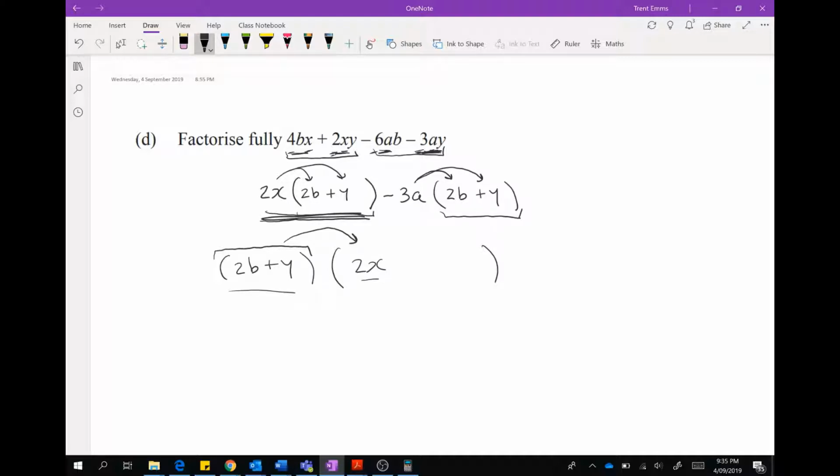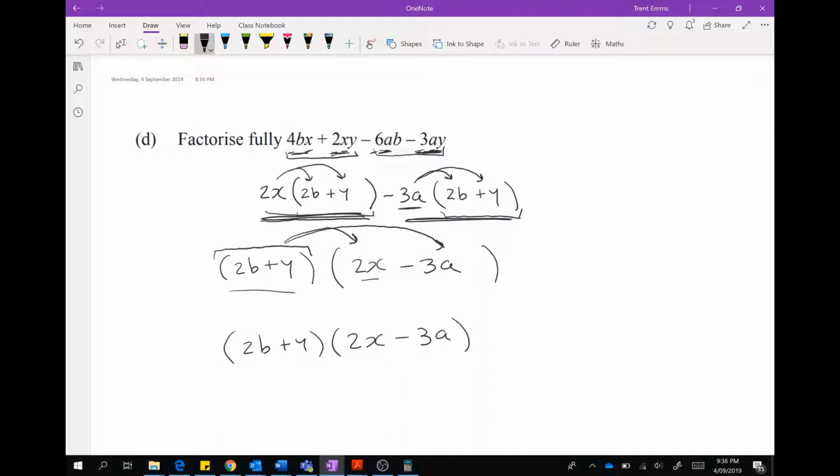And 2b plus y times what would get me back to all of this, and I'm going to need that negative 3a. So the final factorised form is 2b plus y multiplied by 2x minus 3a.